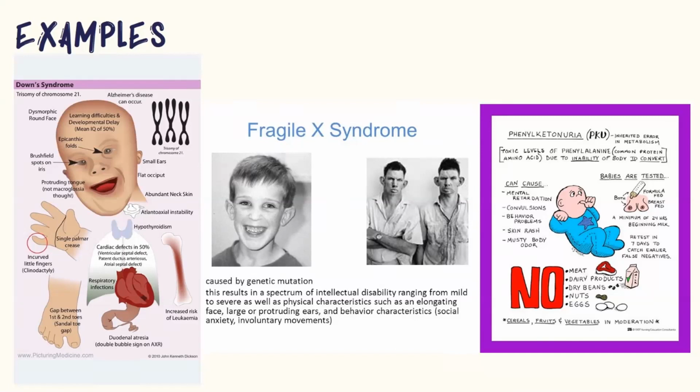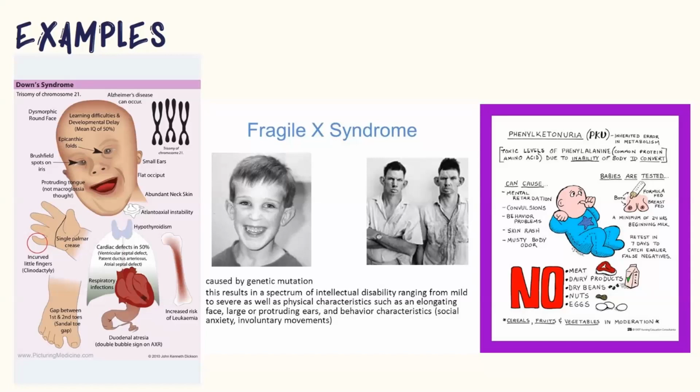The third here is phenylketonuria, the most common among the errors in metabolism. The mode of inheritance for PKU is autosomal recessive. What happens is that there's a toxic level of phenylalanine due to a mutation in the gene encoding phenylalanine hydroxylase.